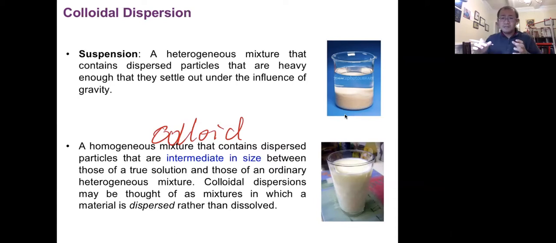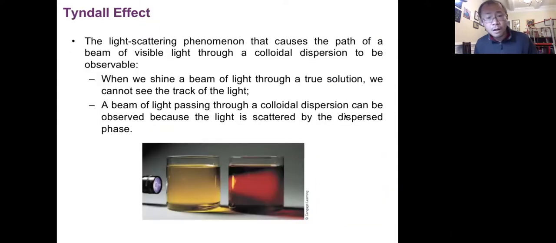Now, how can we tell whether we have a solution or a colloid? There's a very famous experiment. You can do it at home. If I have two things, sometimes I can't tell. A suspension you can definitely tell because it settles. If you cannot tell between a solution and a colloid, you can use a laser or a flashlight. Let the light pass through both.